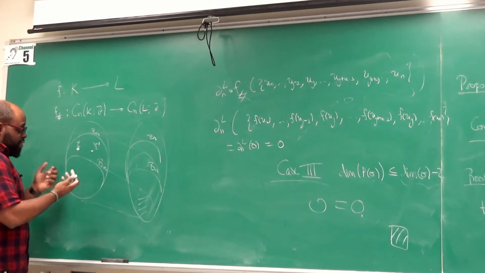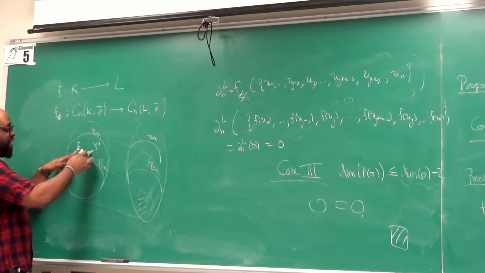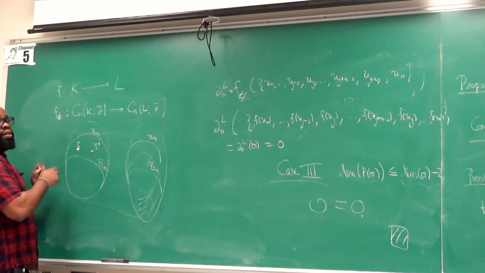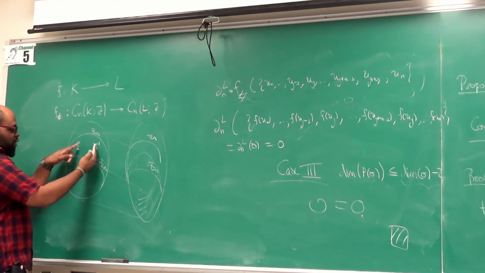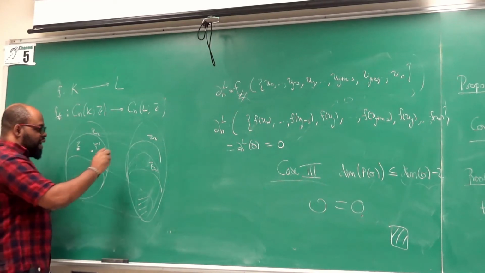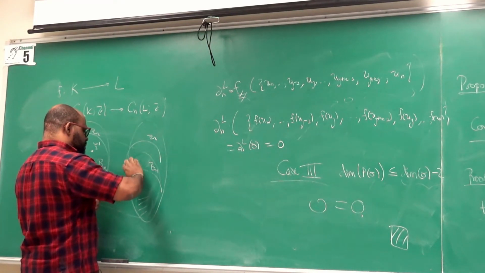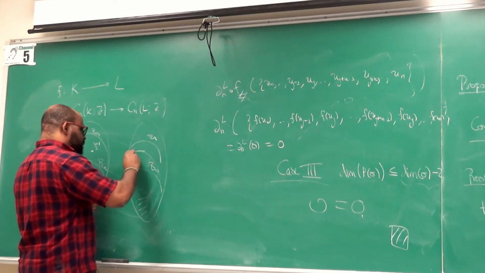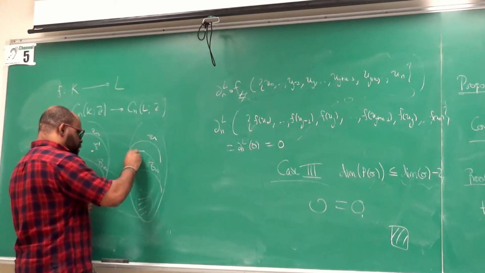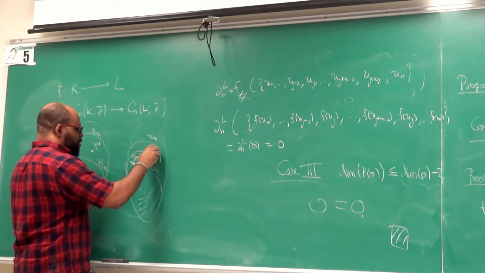So I have zeta and zeta prime, so I can think of their homology classes in here, namely whether or not these two differ by a boundary. I can look at the sharps of these, and I know they're going to give me some cycles. So let me enlarge the picture a little bit. So here is F sharp of zeta, and perhaps here is F sharp of zeta prime.